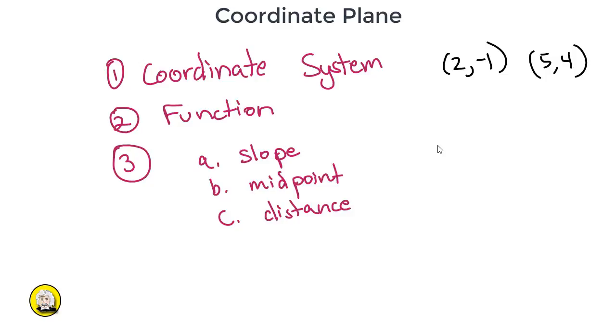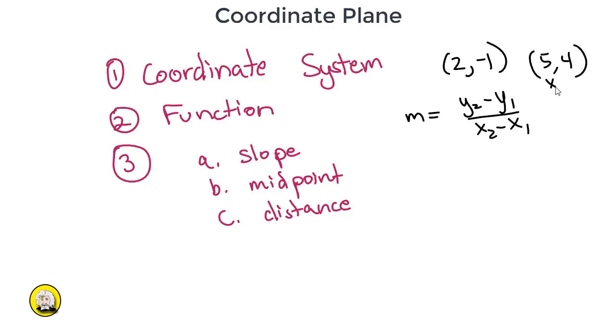We then looked at a line, and we looked at the attributes of slope, midpoint, and distance. So with that, let's take another quick example of it. Suppose I had the points 2, -1, and 5, 4. I'll label 5, 4 as x2, y2, and 2, -1 as x1, y1.